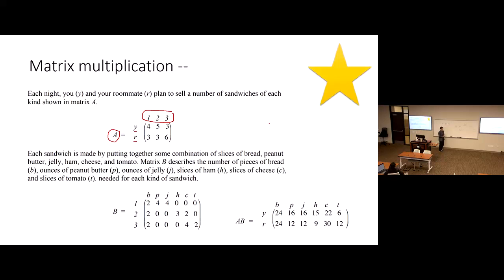So I can arrange these two matrices, one put here, another put there. The reason I want to do this is I want to let them match. So there are 3 numbers here, and they match with the 3 numbers here. So I can do operations between these.